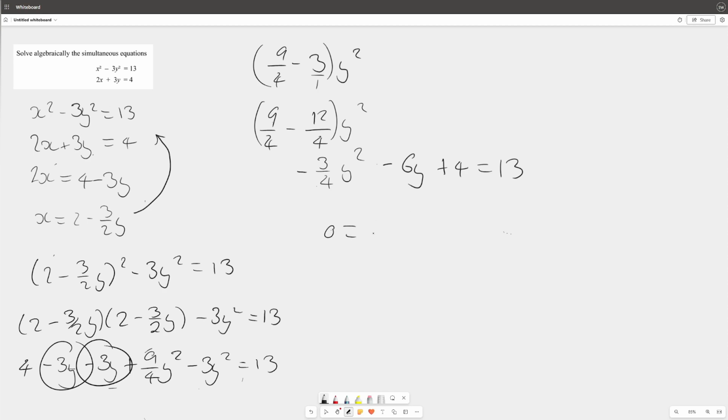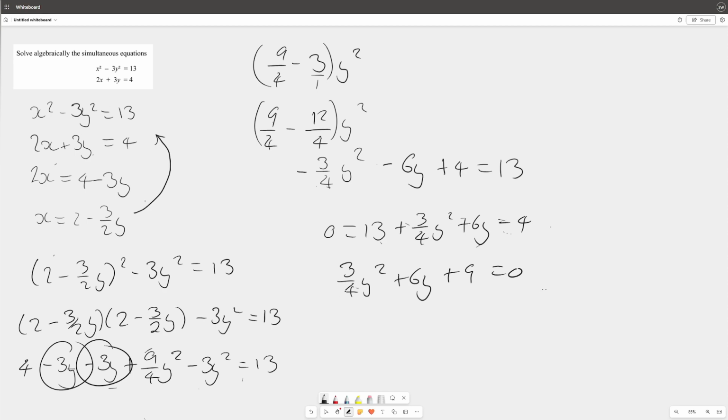So I'm going to get 0 is equal to 13 plus 3/4 y squared plus 6y minus 4. I can collect my like terms, and then I'm just going to move the equal 0 to the other side. So I get 3/4 y squared plus 6y, and then 13 minus 4 is 9, so plus 9 equals 0.